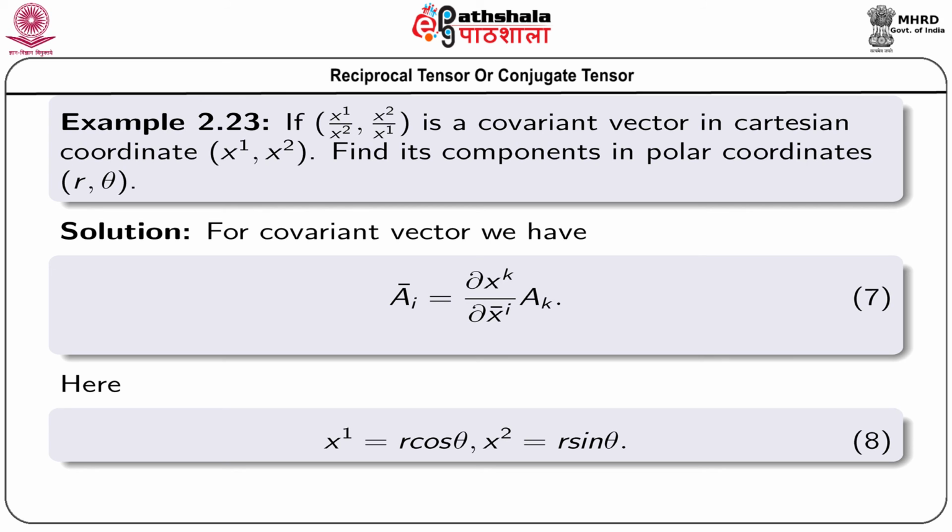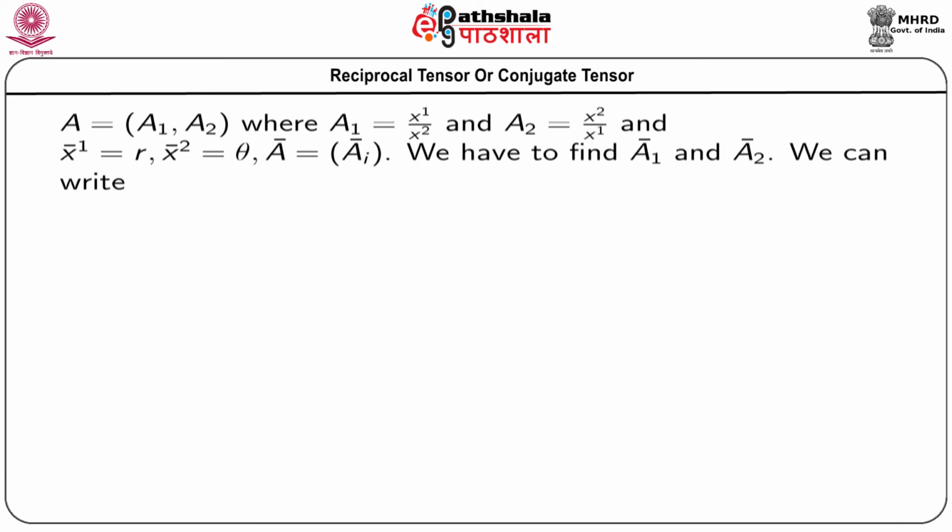Now, for the polar coordinate system, the transformation rule is x1 equals r cos theta and x2 equals r sin theta. And the components of the covariant vector are a1, a2, where a1 is x1 by x2 and a2 is x2 by x1, and x bar 1 is r, x bar 2 is theta, because we are going to the polar coordinate system, which is denoted by r and theta. Now, we have to find the components a bar 1 and a bar 2.